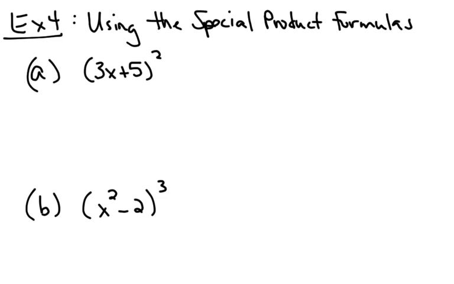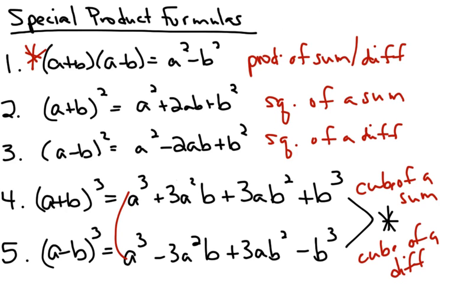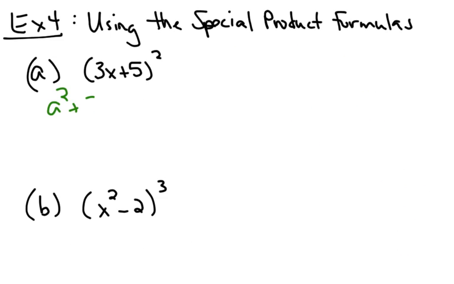Using the special product formulas to expand things takes an understanding of the process called substitution. So, in order to find 3x plus 5 squared, if you look back at the previous page, when you square a sum, you get a squared plus 2ab plus b squared. And you need to know what a and b are.